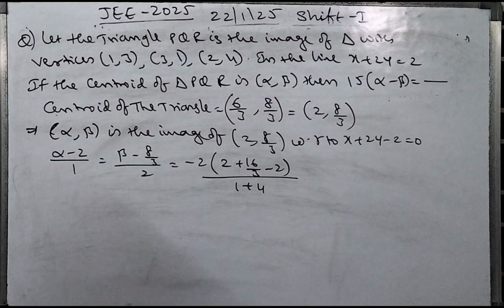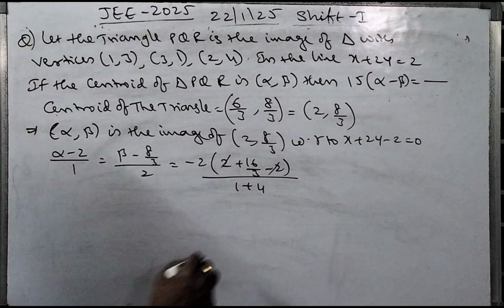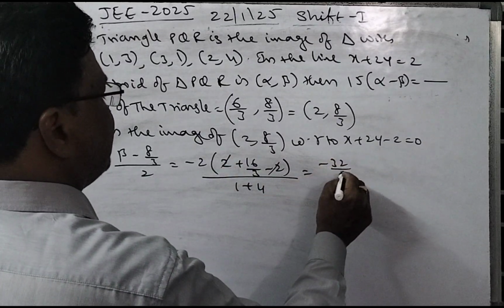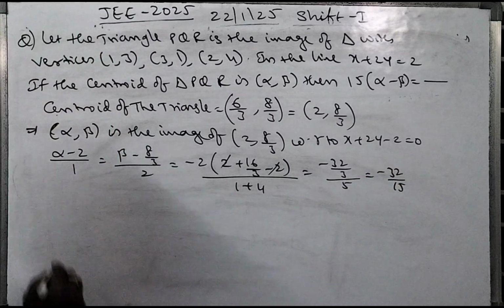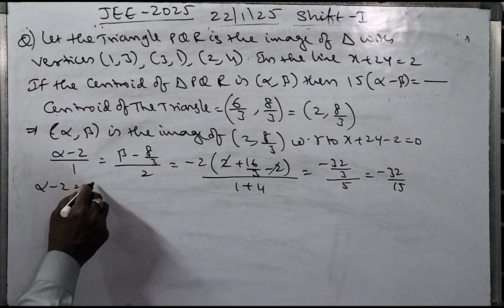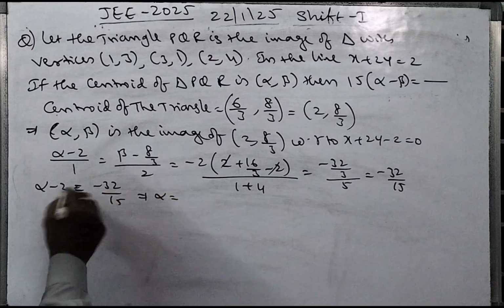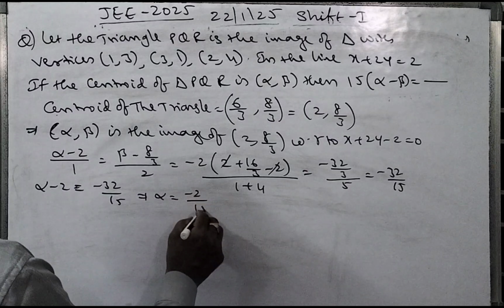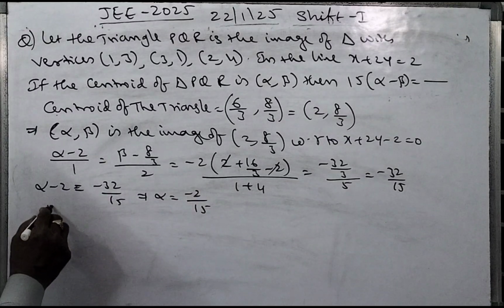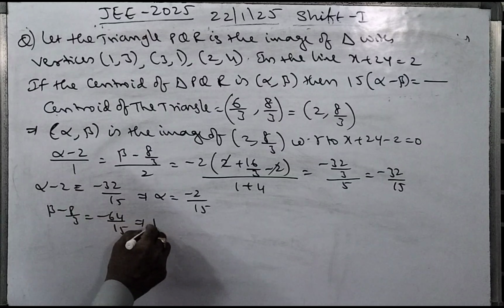So now plus 2 minus 2 gets cancelled, and this is minus 2 into 16 by 3 by 5, which is nothing but minus 32 by 15. So alpha minus 2 is equal to minus 32 by 15. So alpha is equal to, if you send this 2 to this side, 15 into 2, 30 minus 32, minus 2 by 15.